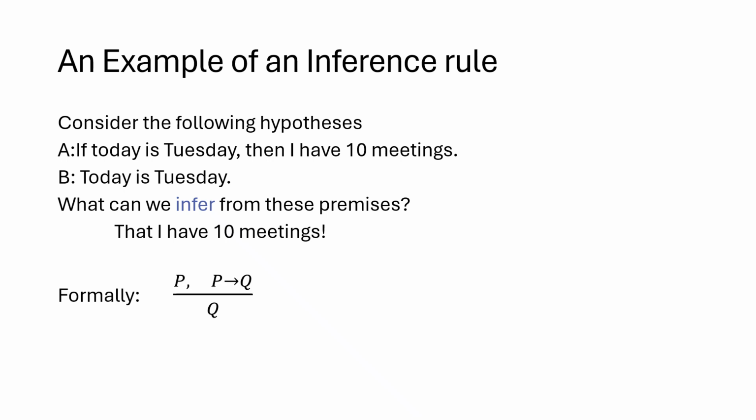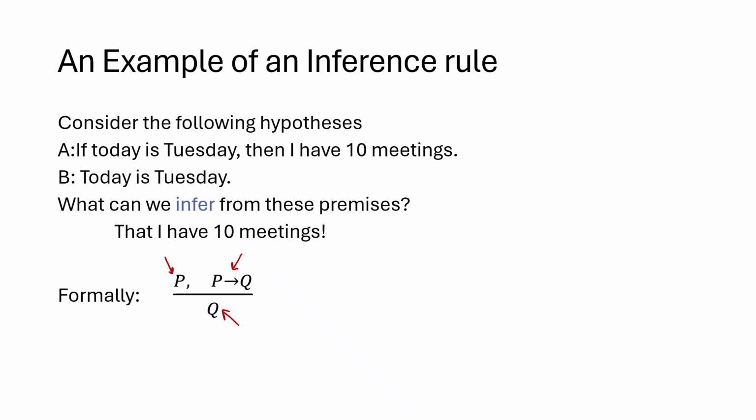So we can generalize this into a rule that says, if we have two hypotheses, namely the hypothesis that says, if P then Q, if P is the case, then Q follows. And if you also know that P is actually the case, from these two facts, Q follows. Right? So it doesn't matter what sentences you replace for P and Q here.